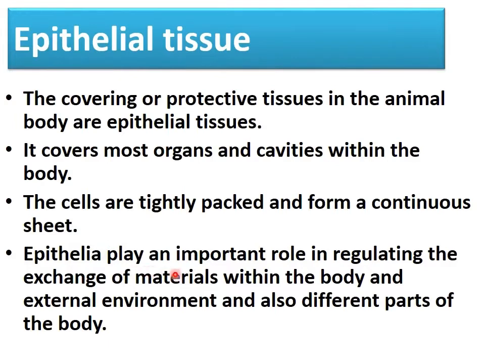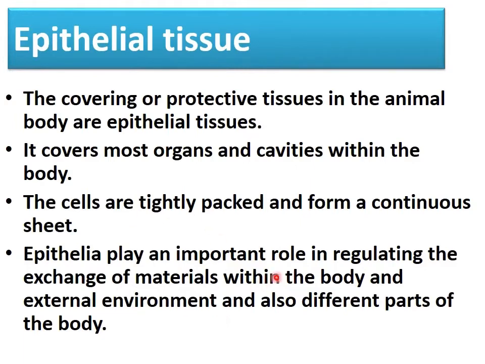That means the exchange of materials from inside the body to the external environment, and from the external environment to different parts of the body, takes place by the epithelial tissue. So this is all about the epithelial tissue, its structure and its functions.